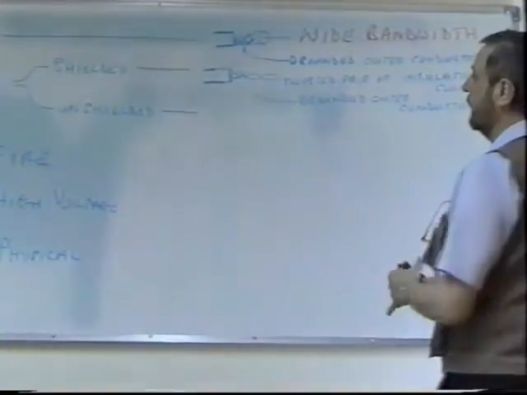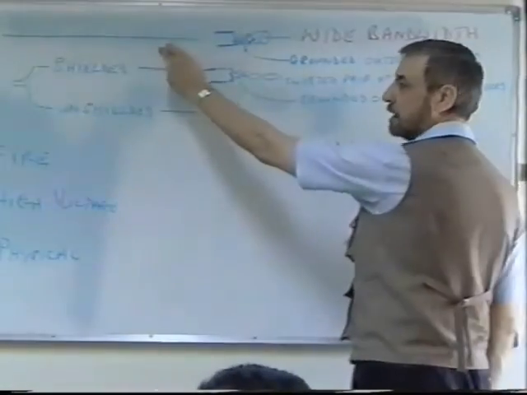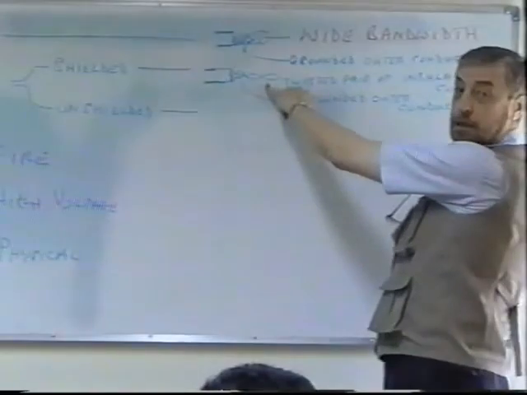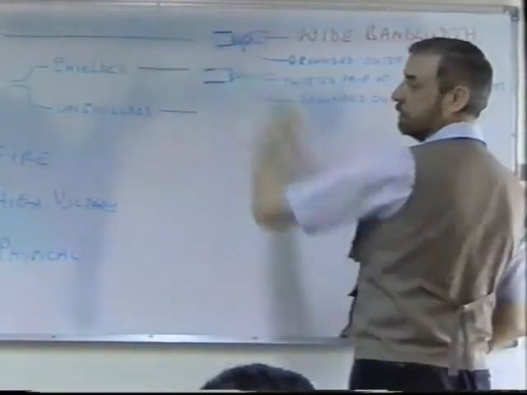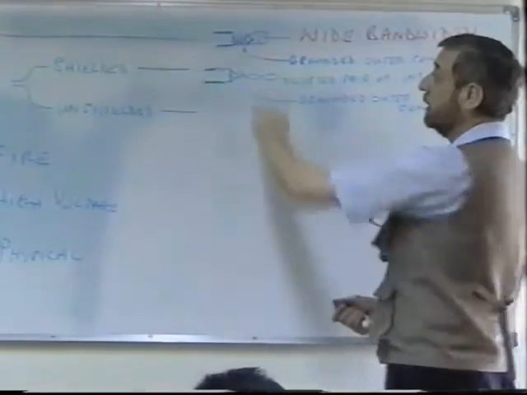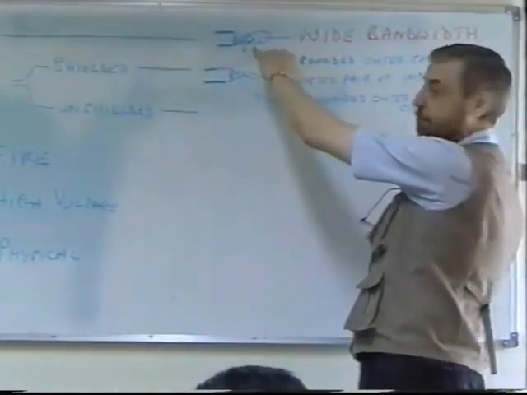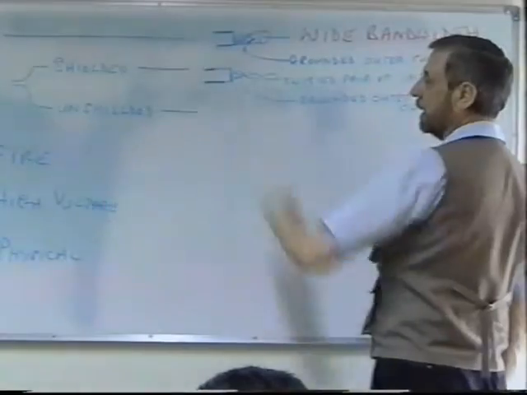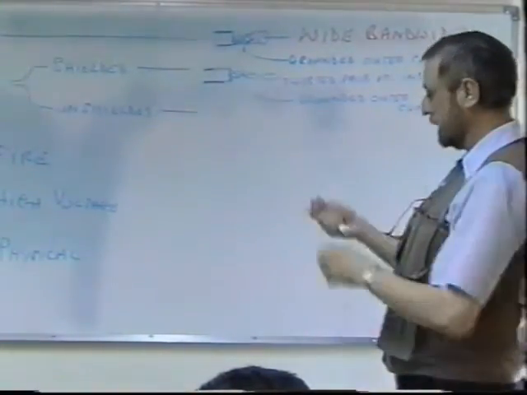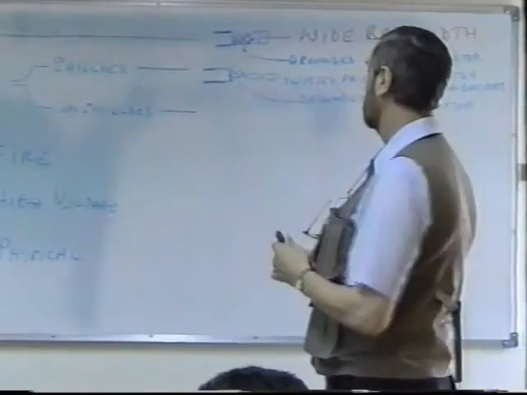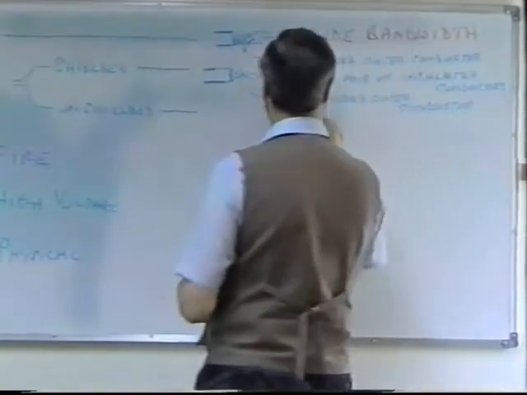The shielded twisted pair is very similar to the coax, except it uses two conductors which are twisted together, and then around there we have some shielding, very similar to this sort of shielding, and then of course an insulation. The bandwidth of this is narrower than the coax cable.